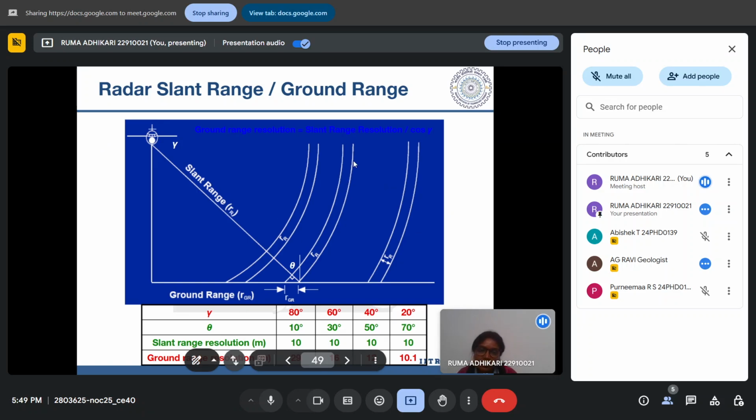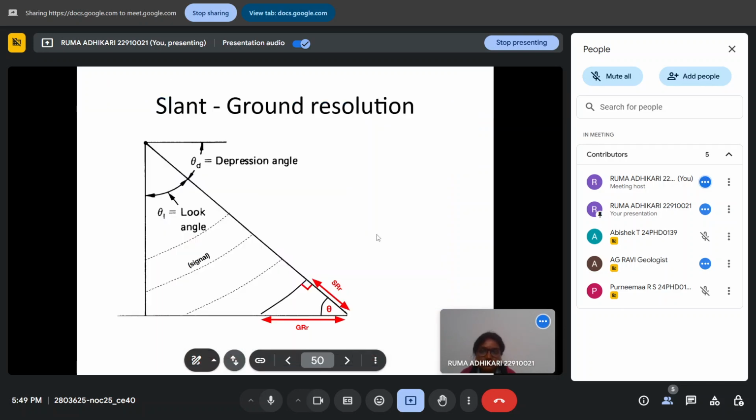Slant range or ground range depends on the incidence angle, and that incidence angle varies from sensor to sensor. To calculate, we need to consider theta. This is the incidence angle.